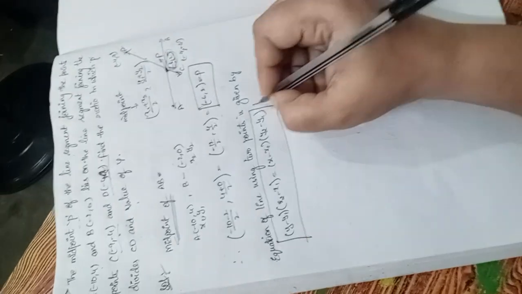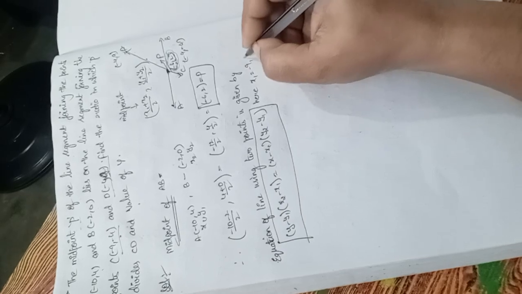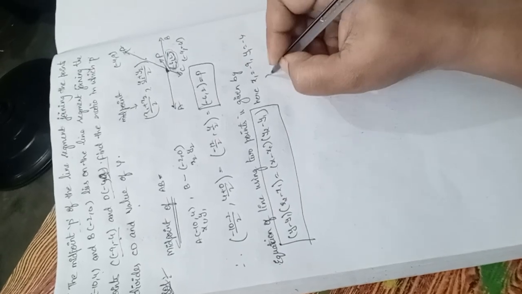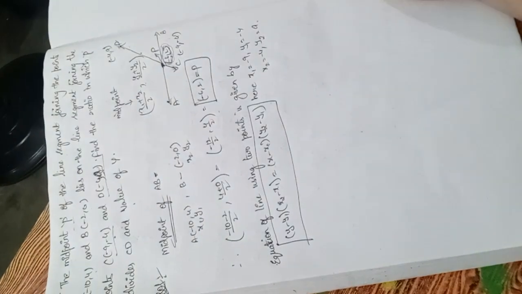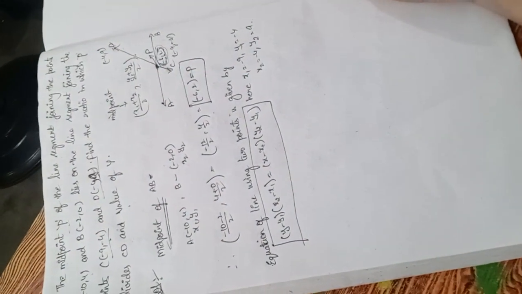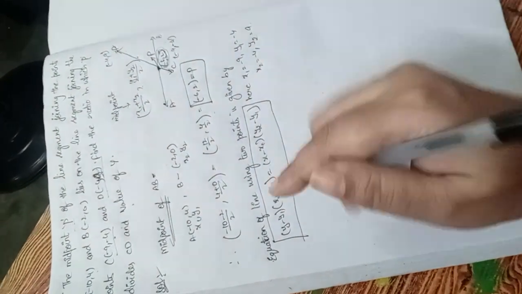Here x1 is -9, y1 is -4, x2 is -4, y2 is A, right? So first let us form the equation.